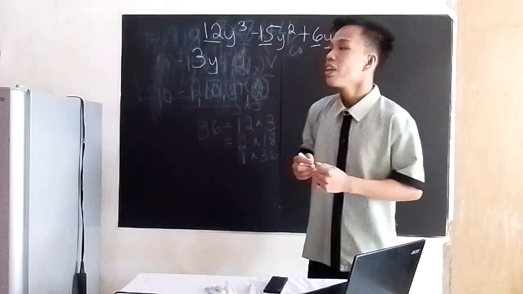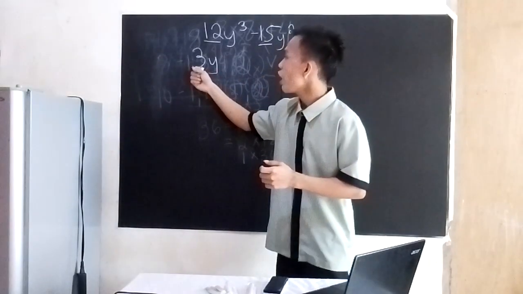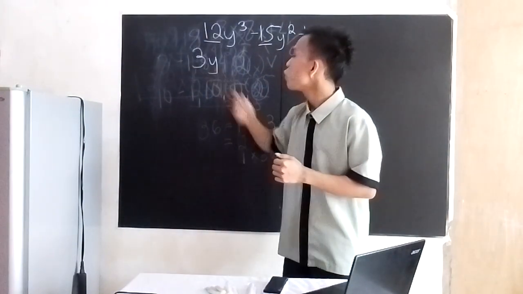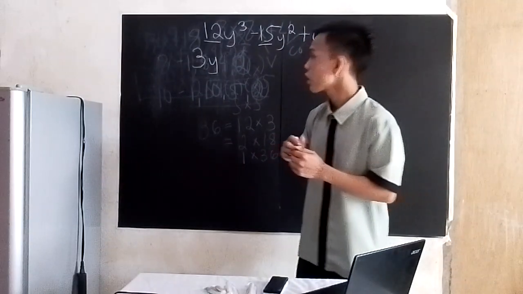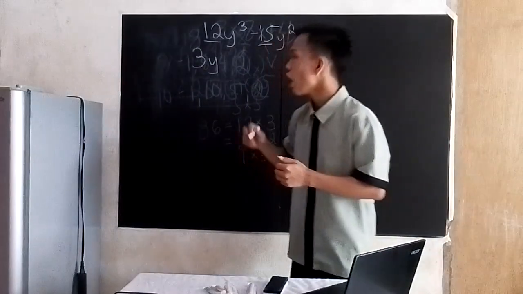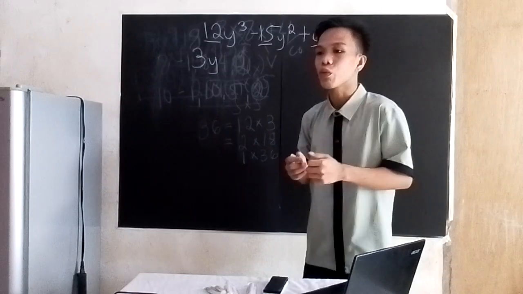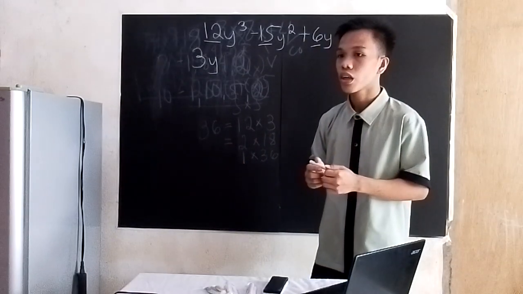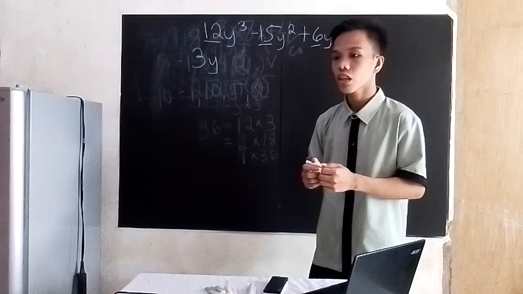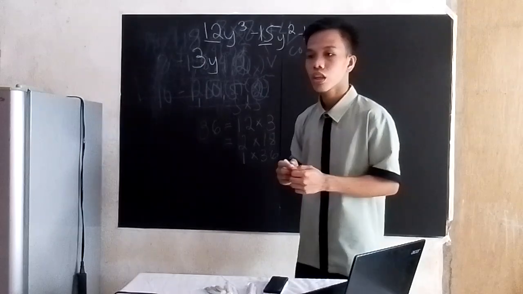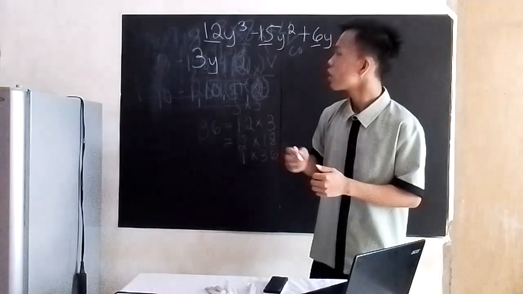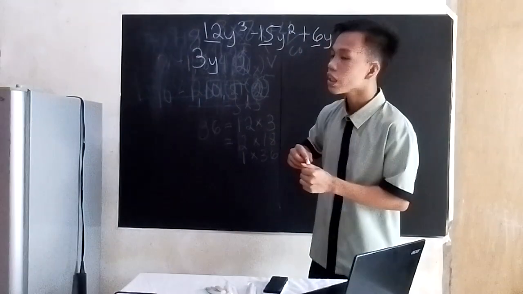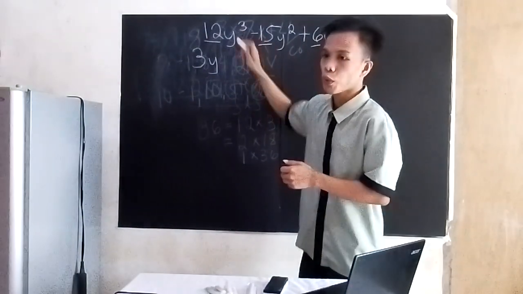But it doesn't mean that if we have the coefficient and y, we are done. So how are we going to say that we are done finding the greatest common factor? Yes, Amular. That's right. We are just going to look at the exponent.